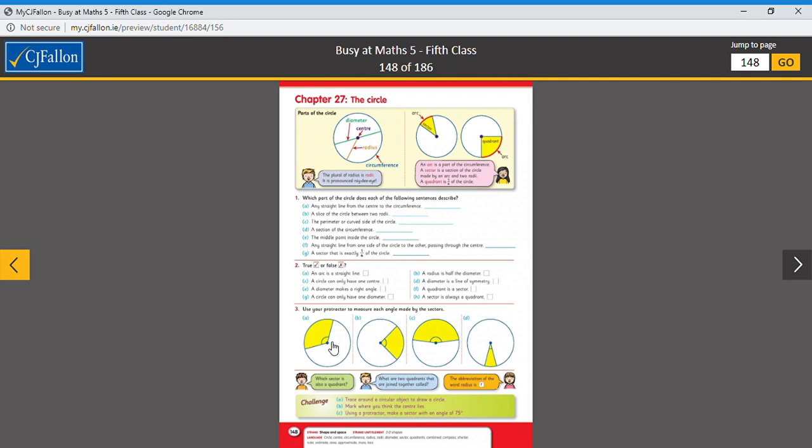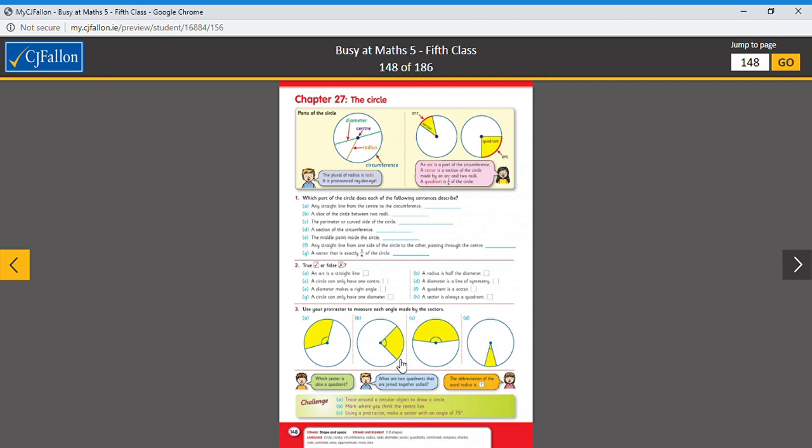Then it's very important to decide which scale you're going to use, because if your angle is going in one direction, sort of seeming to open over to the right, you're going to use one scale. If your angle seems to open over to the left, you will use the other scale. But you look down at the bottom of your protractor and you'll see the two scales start at 0, so you always start at 0.